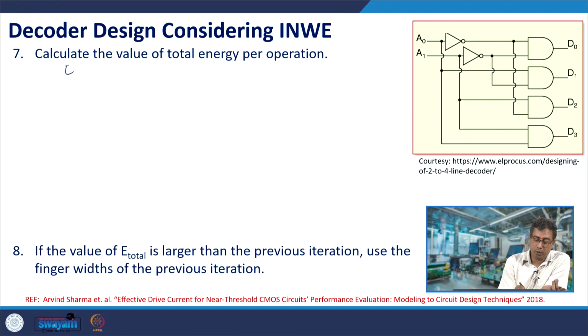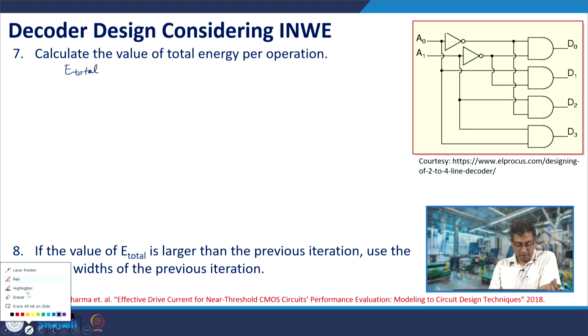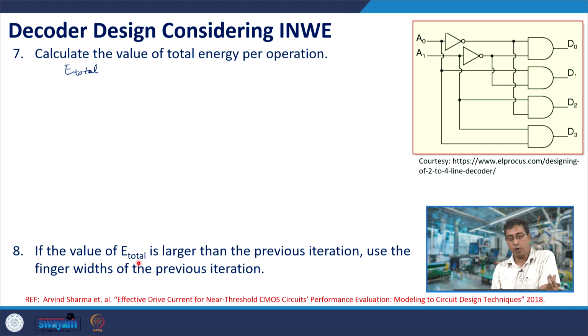We calculate the total energy as we have just discussed. Now, we check if this total energy is larger than the total energy which was obtained with the previous value of WFN. If that is so, then we will keep the previous value of WFN as the optimum value of WFN, because otherwise the energy increases by reducing the value of finger width.